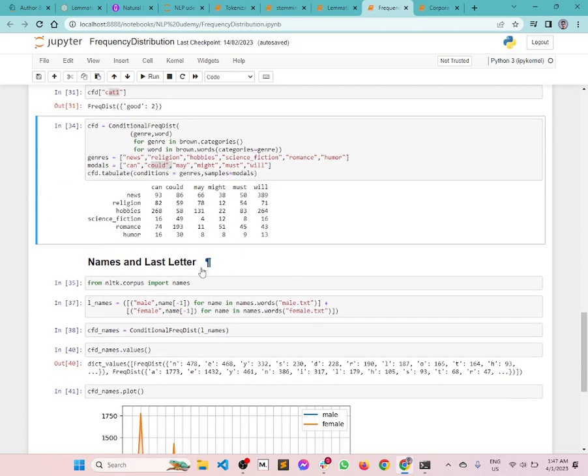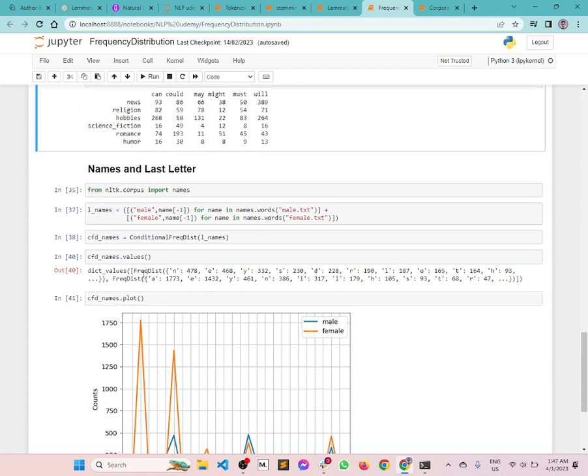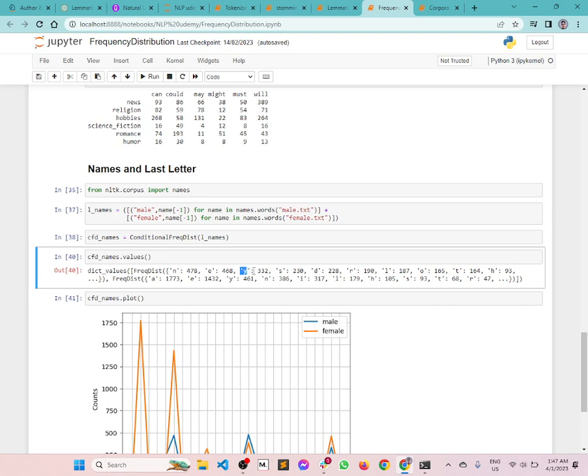Then the names and the last letter from NLTK. We import from nltk.corpus import names. Then we use male text and female text. Then we got the frequency values: n is 478, e is 468, y is 332. This is the frequency distribution.